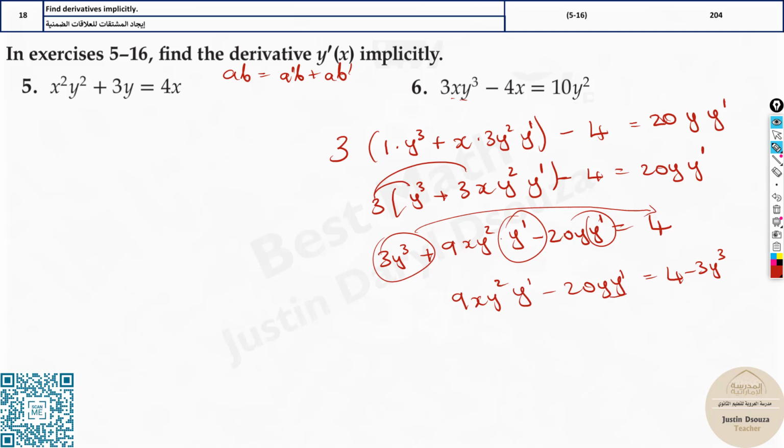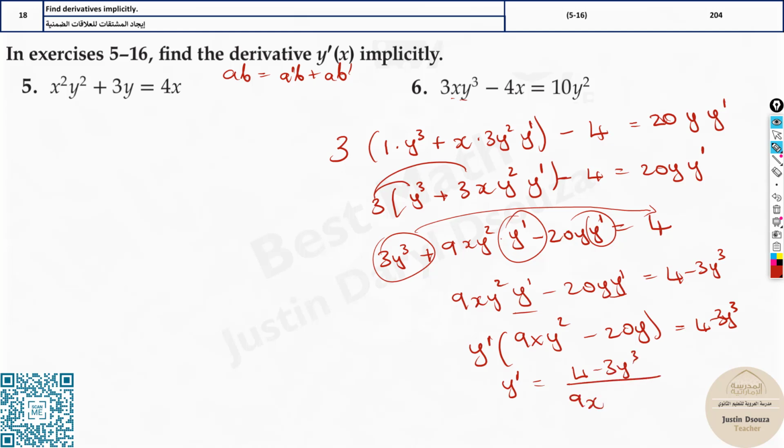Now here we can see y prime and y prime are the same, so we take it outside. What is remaining? 9xy squared minus 20y equals 4 minus 3y cubed. Now take this entire term to the other side. So y prime is equal to 4 minus 3y cubed over 9xy squared minus 20y. This is x, not multiplied.